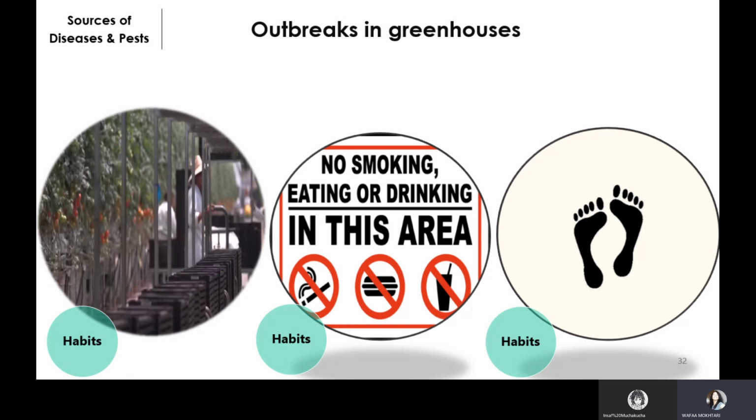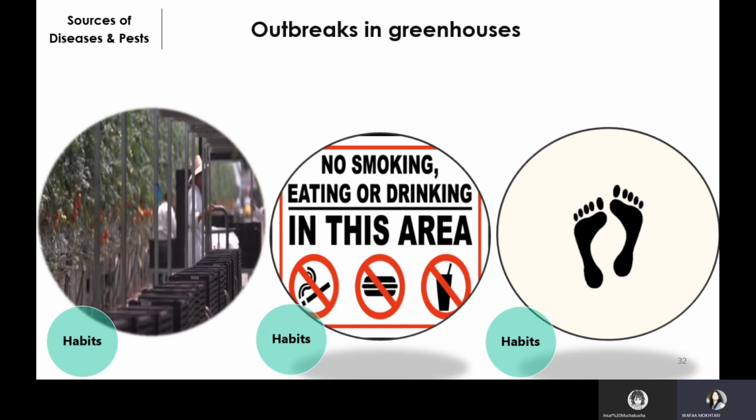Another habit is your way of walking in the greenhouse indoors, and what is under your feet is really a source of outbreak. Why? Simply because once outdoors, you may pick up something under your feet, and once you get into the greenhouse, you may bring those diseases and pests inside.